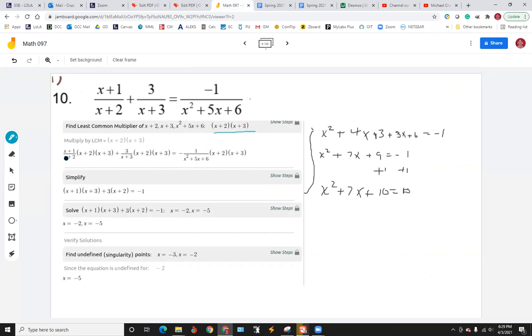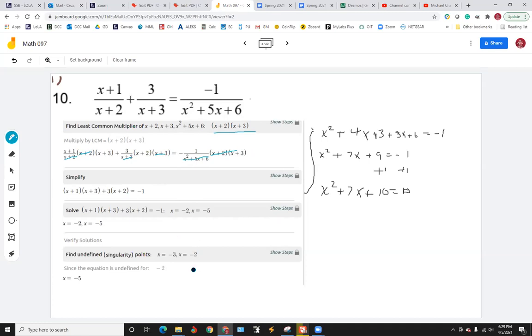So you can see what happens here when you multiply that term right there by x plus 2 plus x plus 3. These are gone, and you're left with x plus 1 times x plus 3. When you multiply this middle term, the x plus 3's are gone, and you got 3 times x plus 2. And then over here, this right here is the same thing that's down there. So it's equal to -1.